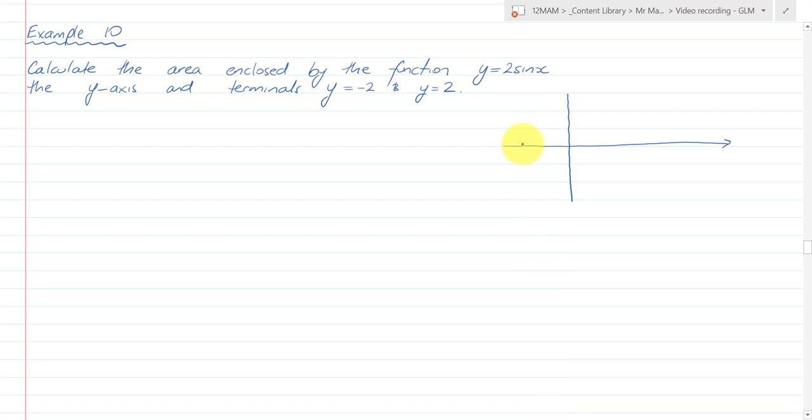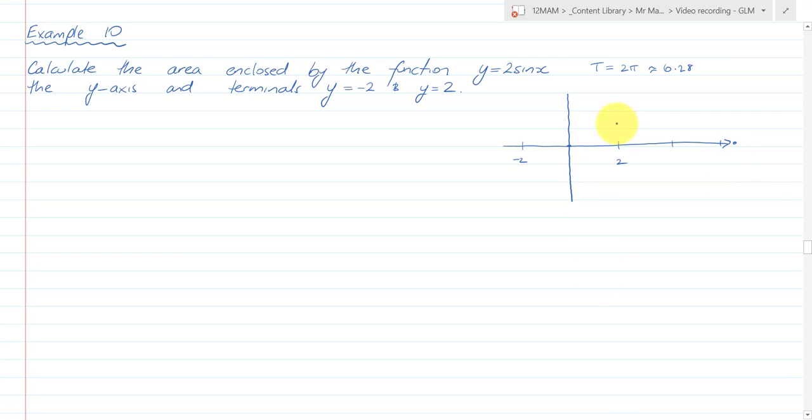Okay, so we want from -2 to 2, and 2 sine x. We know it starts here, we know it goes up to 2, but we know it has a period of 2 pi, which equals approximately 6.28. So 6.28 is out here somewhere, so we've got 4, 6, it goes to here, 6.28.